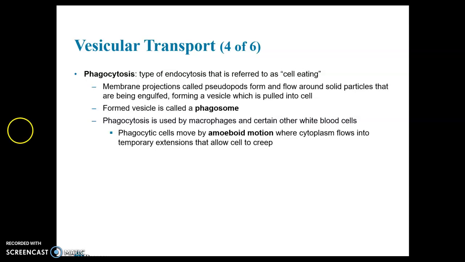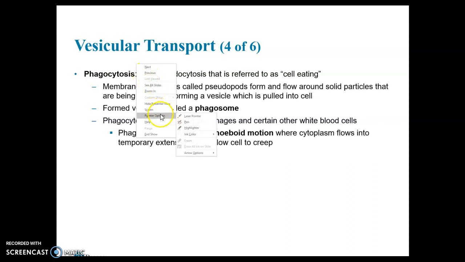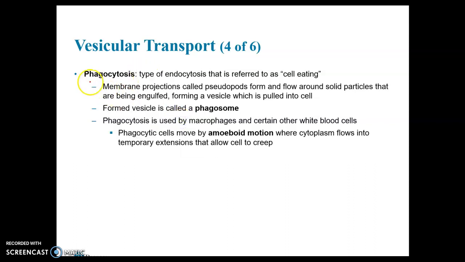So the first type of endocytosis is phagocytosis, and a lot of times we refer to that as cell eating. So that means that the cell is bringing solid particles inside of the cell.